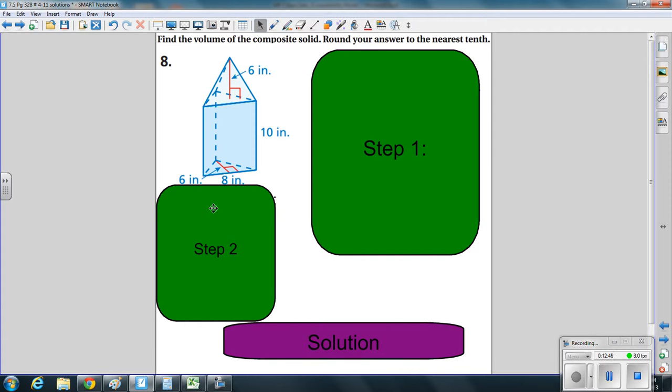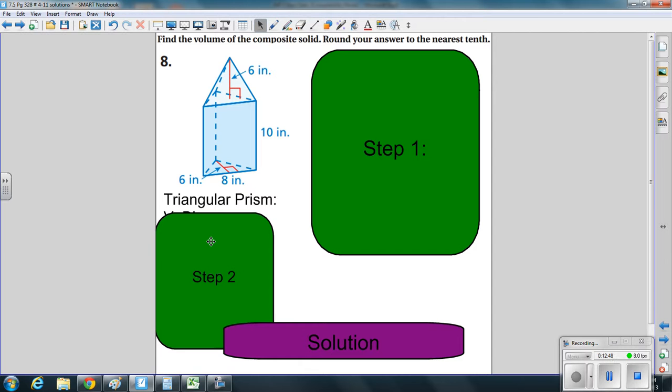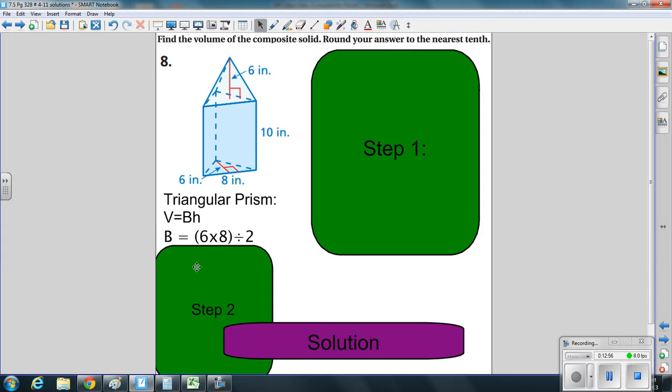Okay, now we're going to take a look at the triangular prism. And the formula for this is area of the base times the height. Well, we know from doing the pyramid that the area of the base is 24. Now we're going to multiply it by the height. Remember, the height for a prism measures the distance from top base to bottom base.